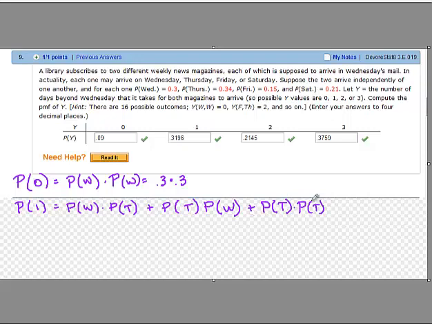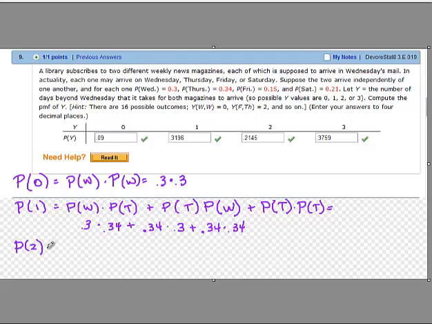So it's messy. Probability of the Wednesday was 0.3 times Thursday 0.34 plus 0.34 times 0.3 plus 0.34 times 0.34, and then if you do that multiplication, you'll get what's sitting up there for probability of 1.